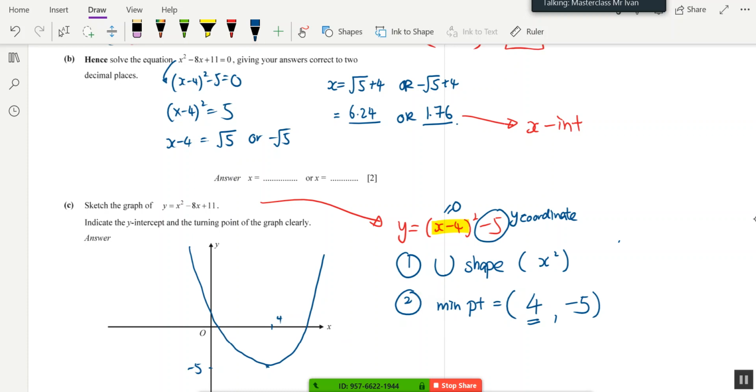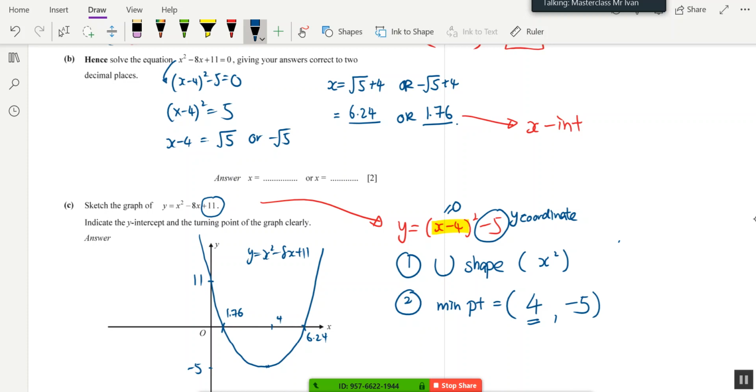In fact, it should be higher because this one is my y-intercept. This guy is 1.76. This guy is 6.24. This guy is 11. So this is y equals x squared minus 8x plus 11.